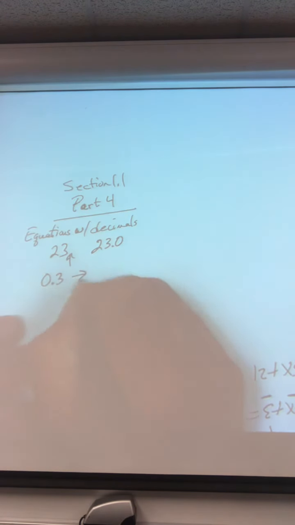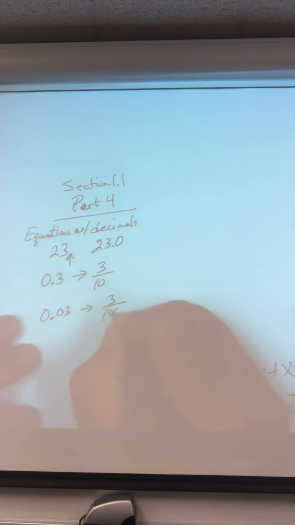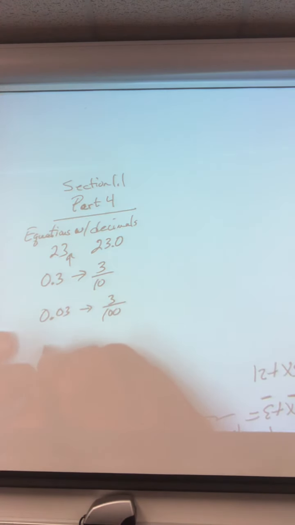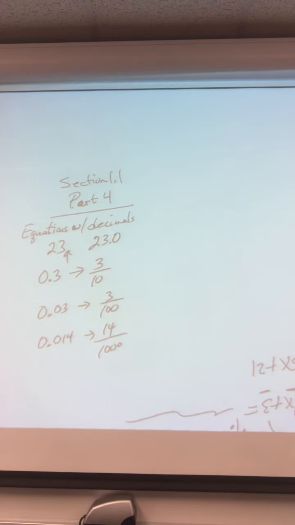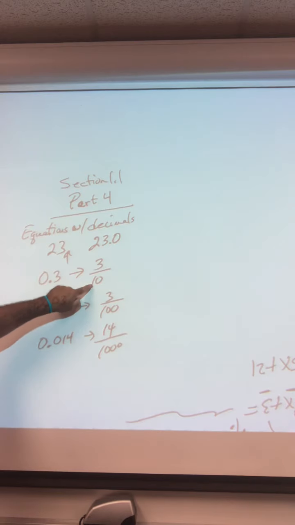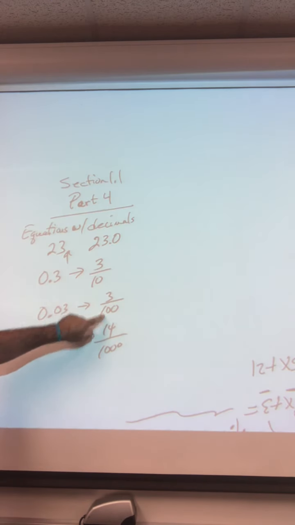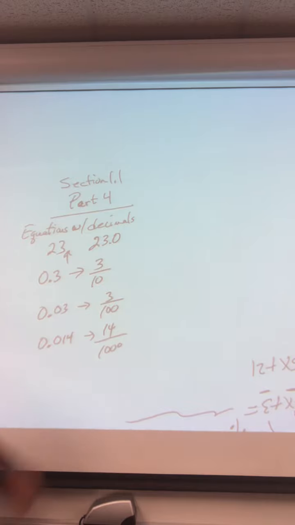For instance, 0.3 is the same thing as 3/10. 0.03 is 3/100. 0.014 is 14/1,000, which will reduce, by the way. So if a decimal needs to be moved one place, it's in the 10th spot. Two places, it's in the 100th spot. Three places, it's in the 1,000th spot.